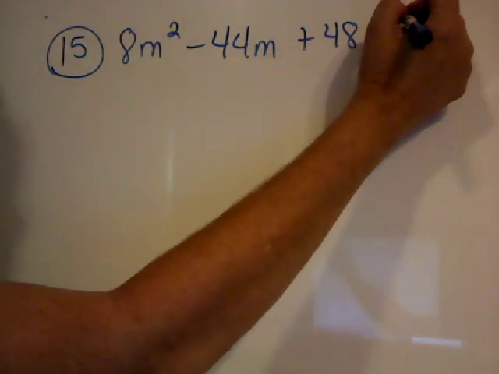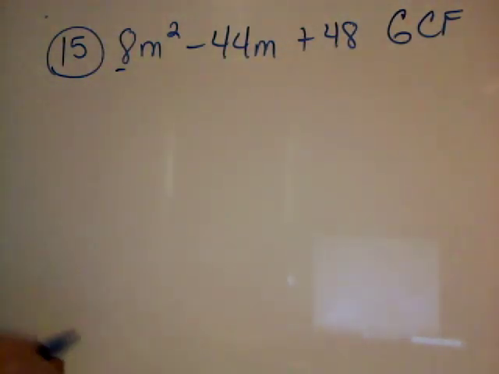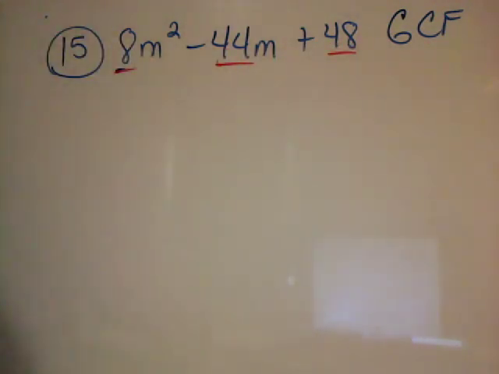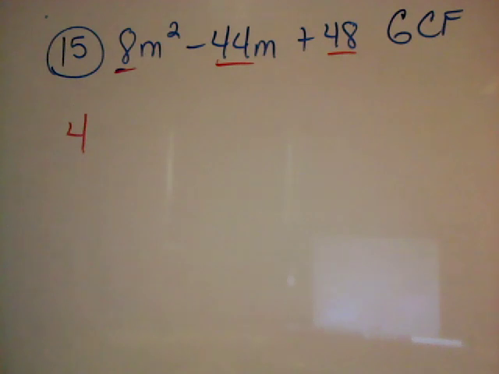Okay, number 15 reads 8m squared minus 44m plus 48. Again, there is a greatest common factor for 8, 44, and 48. There's a number that I can take out of those three numbers. I can take out a 4. Let's make our 4 red this time so we can see that it's standing out.